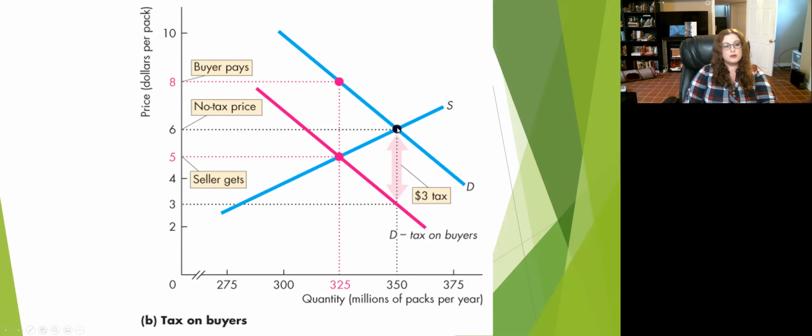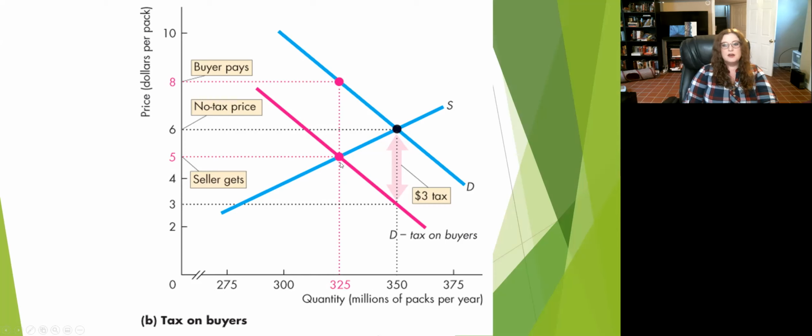Now let's go to the new equilibrium, because that was the original equilibrium. The new equilibrium, we see that we have an intersection. We see that we now have $5 that would go to the seller because we're willing to pay $5, right? At this reduced quantity of 325 million. So 25 million people no longer buy cigarettes.